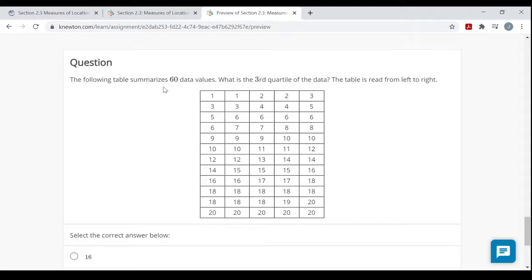The following table is the same table of data, same table, 60 values. What is the third quartile? Not third percentile, be careful. If they said, what is the third percentile, then you're doing 3 over 100. For the third quartile I do the following.